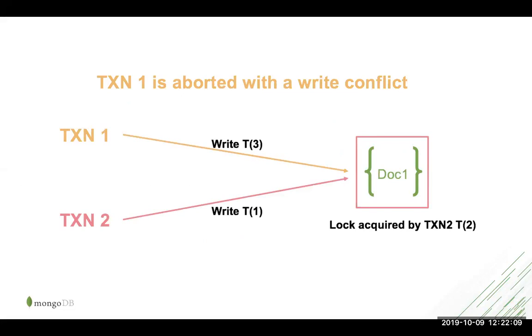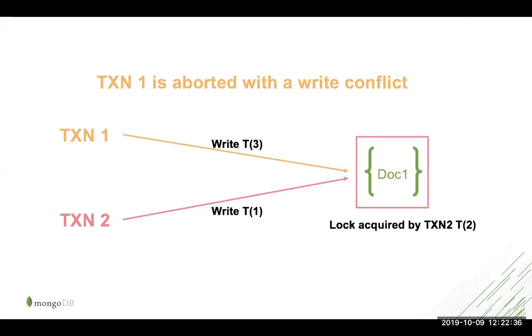All right. So what we've done so far is talk about guarantees with transactions and retrying transactions. Now we're going to talk about write conflict behavior and locking in MongoDB. Here we have 2 transactions, the orange transaction and the pink transaction.